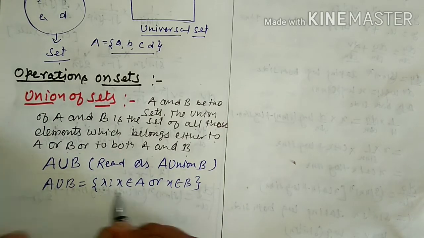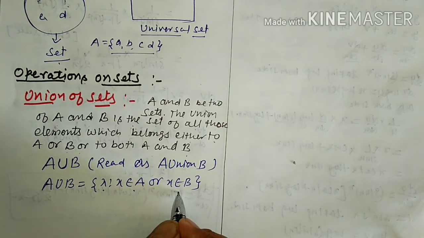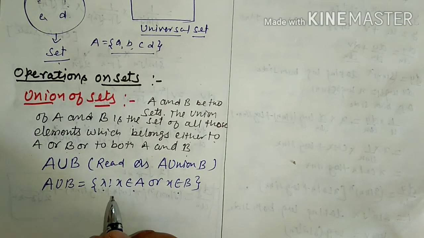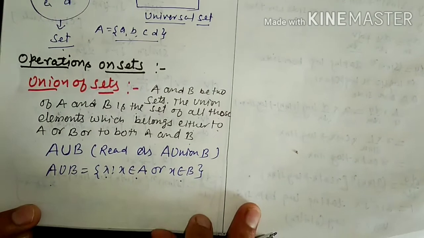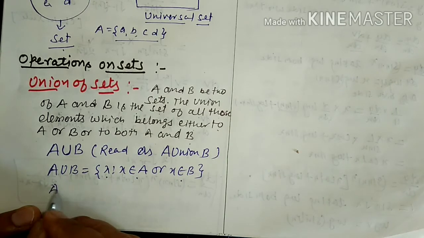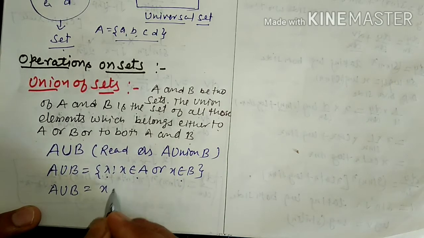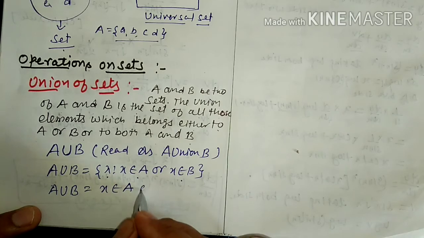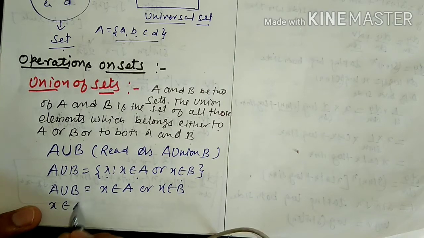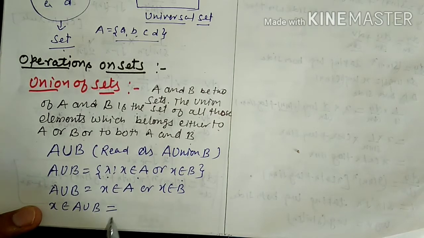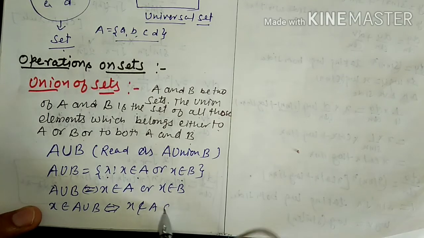So this x either belongs to A or belongs to B. Clear? A ∪ B implies that x belongs to A or x belongs to B. If any element does not belong to A ∪ B, it implies that x does not belong to A and x does not belong to B.